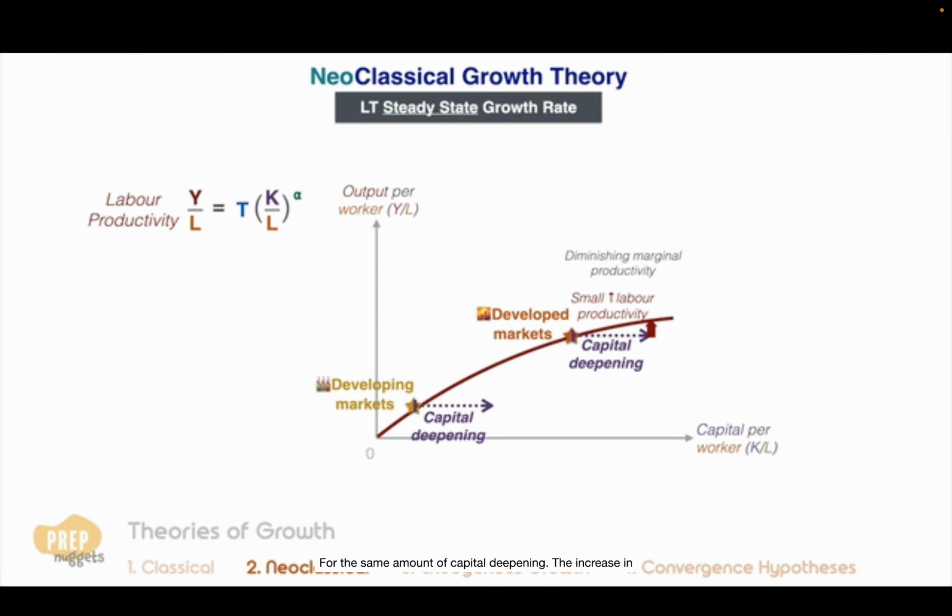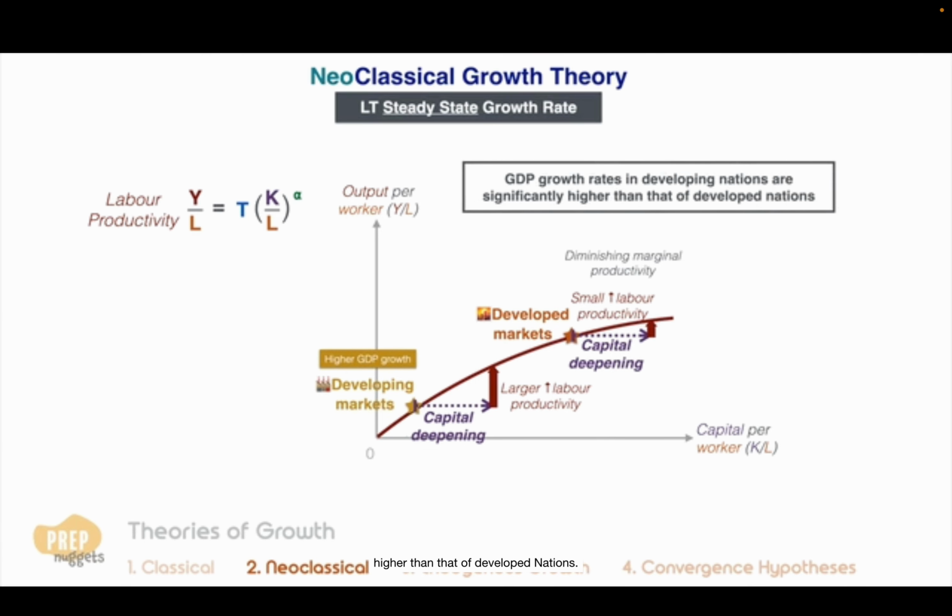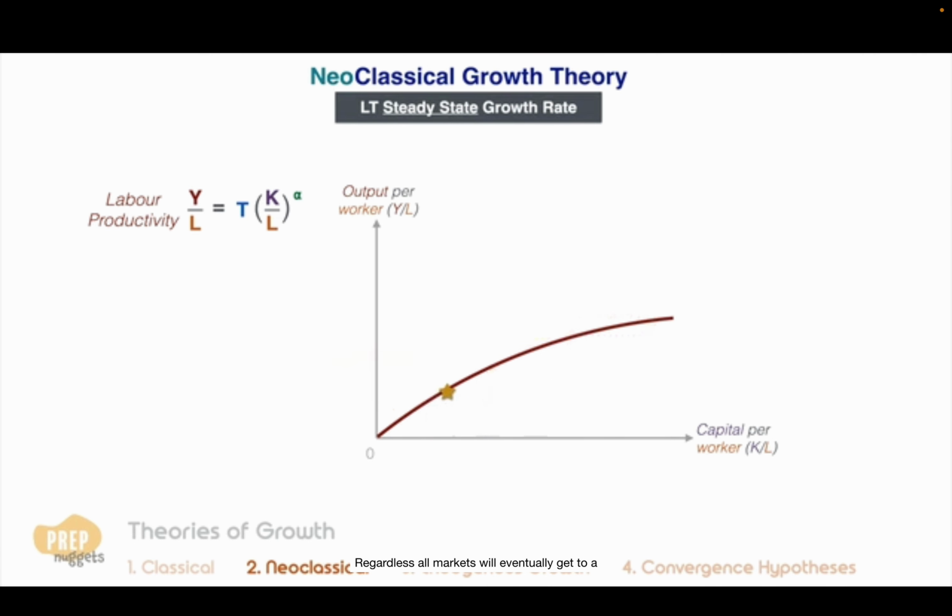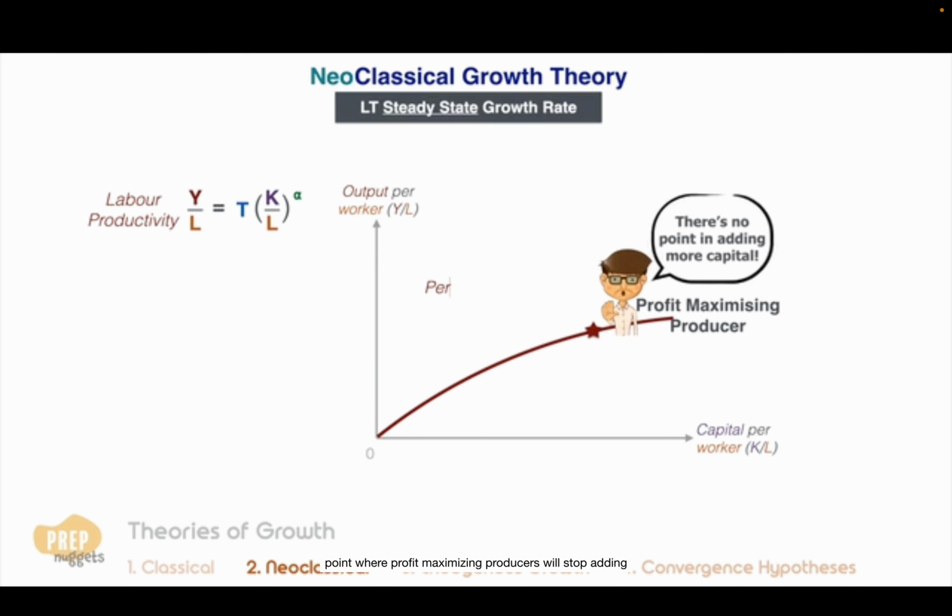For the same amount of capital deepening, the increase in labour productivity is much higher. This is how the neoclassical model reasons why GDP growth rates in developing nations are significantly higher than that of developed nations. Regardless, all markets will eventually get to a point where profit-maximizing producers will stop adding capital. This point is very significant in the neoclassical model of growth, where per capita growth in the economy will come to a halt.